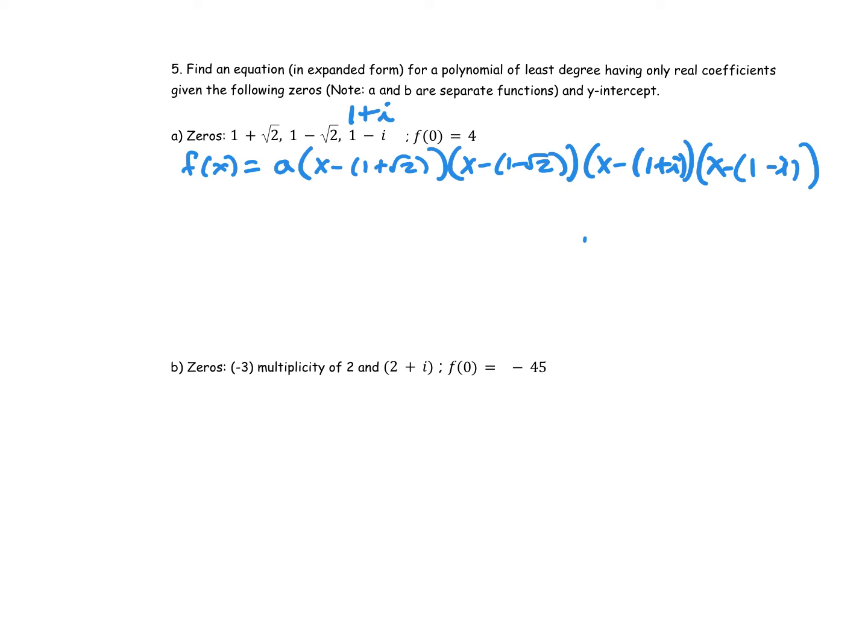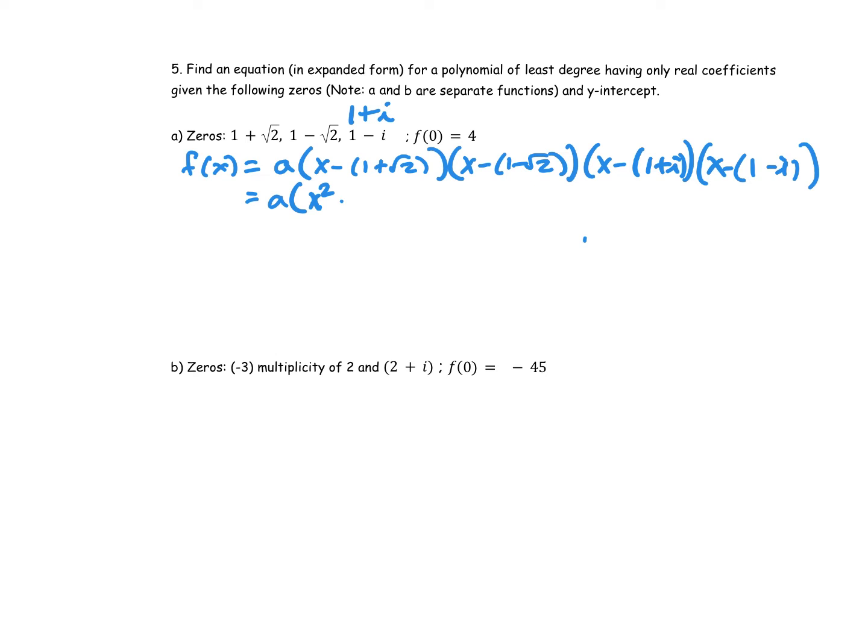And so when I FOIL this out to expanded form, I'm going to FOIL out the two factors that have the irrational roots together, and then I'm going to do the two that have the imaginary roots together. I do the extra step of keeping the 1 plus root 2 together, so the middle terms will be x.